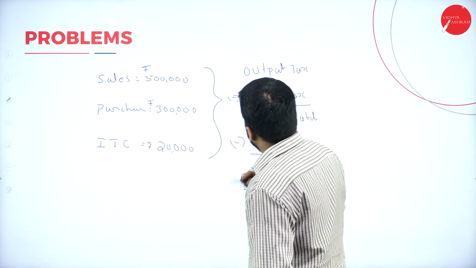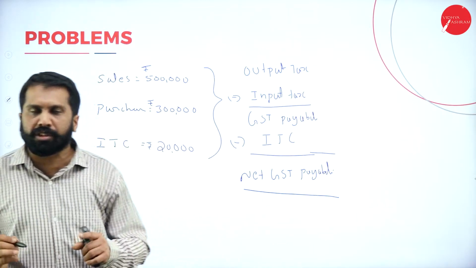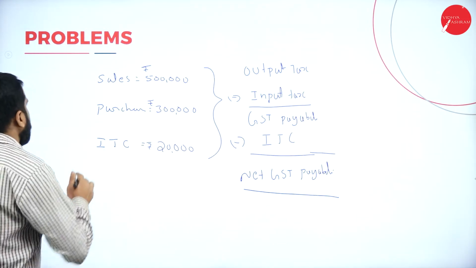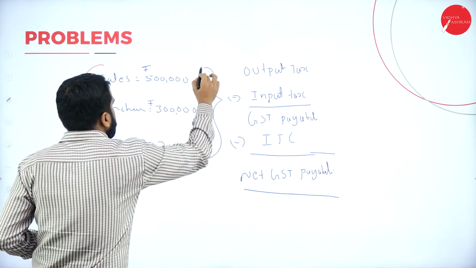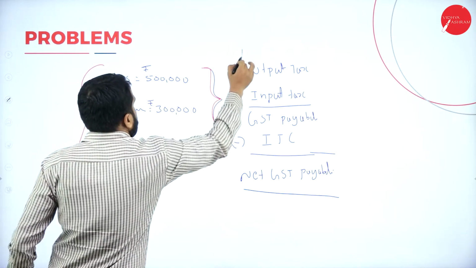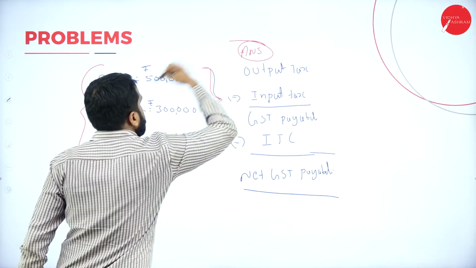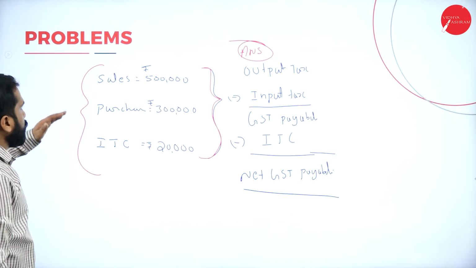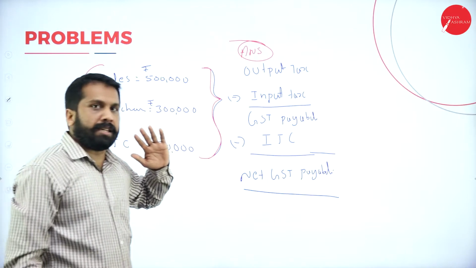Hope you are clear. There is a calculation procedure we are supposed to do. Now, this is your question. Now, this is your answer. You have your question also, you have your answer also.